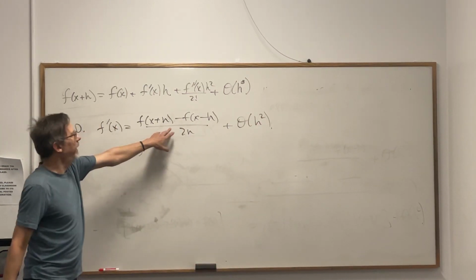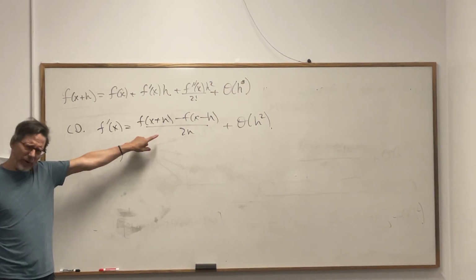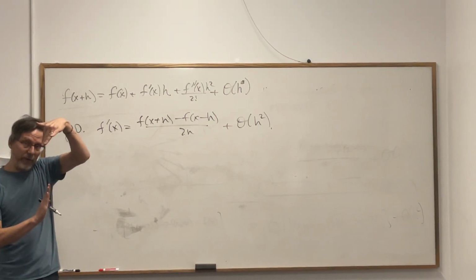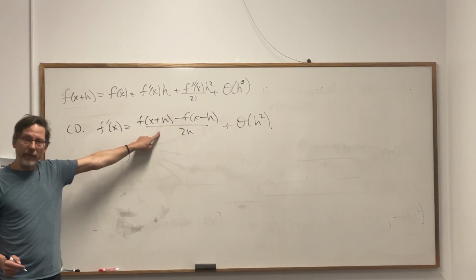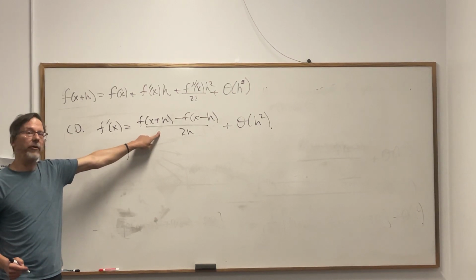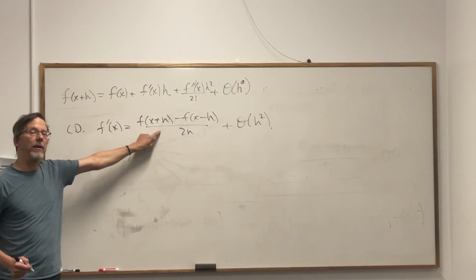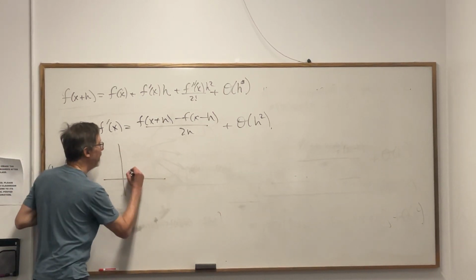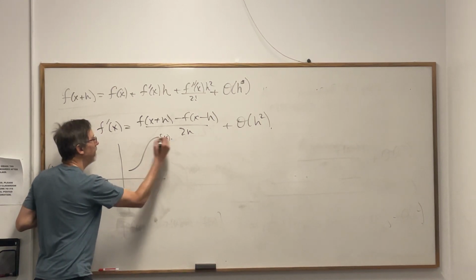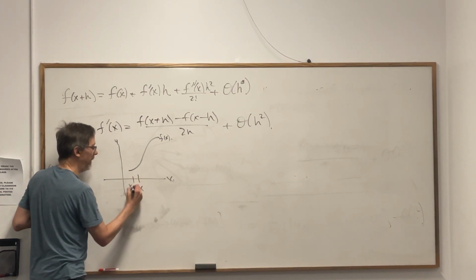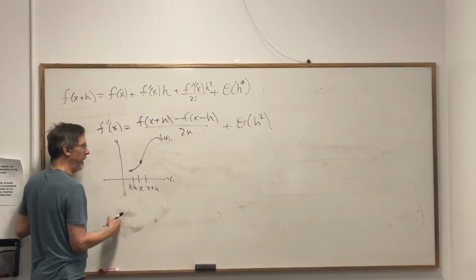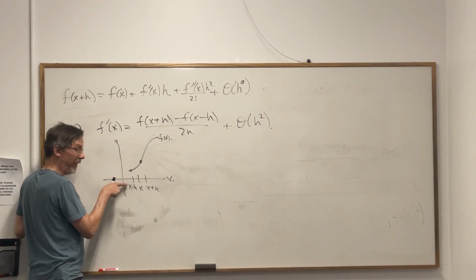Can you just really quickly on your paper, just to see if you're understanding this in multiple directions, draw a picture of a graph and prove to yourself that this is actually a derivative if I let h go to 0? What does the picture look like? Here's f of x, y equals that. Here is x, here's x minus h. Here's f at x plus h, here's f at x minus h.